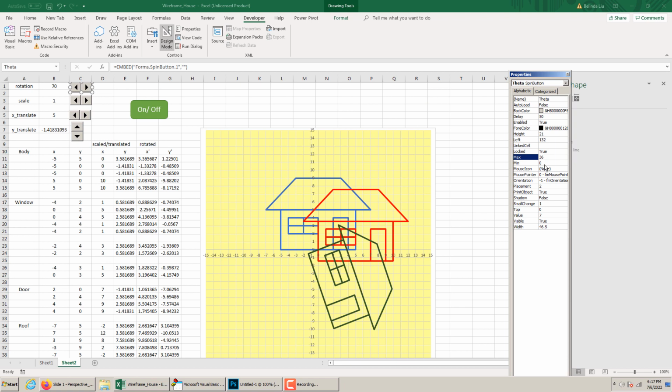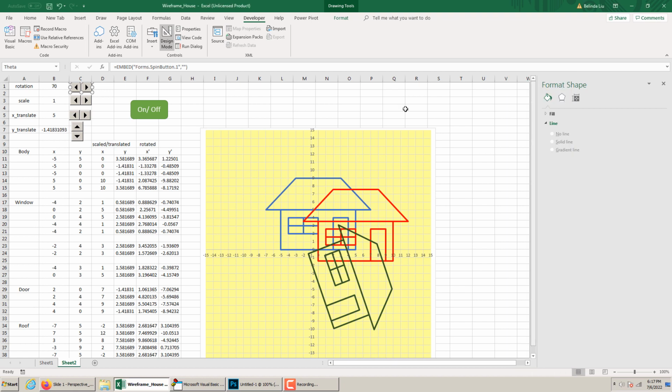Let's decrease the 0 by 1, so instead of 0 to 36, it goes to -1. The maximum is good. Usually we have to increase it, but since 36 is equal to 0, so 360 degrees and 0 are the same thing, we leave it like this, and then we double click on this.